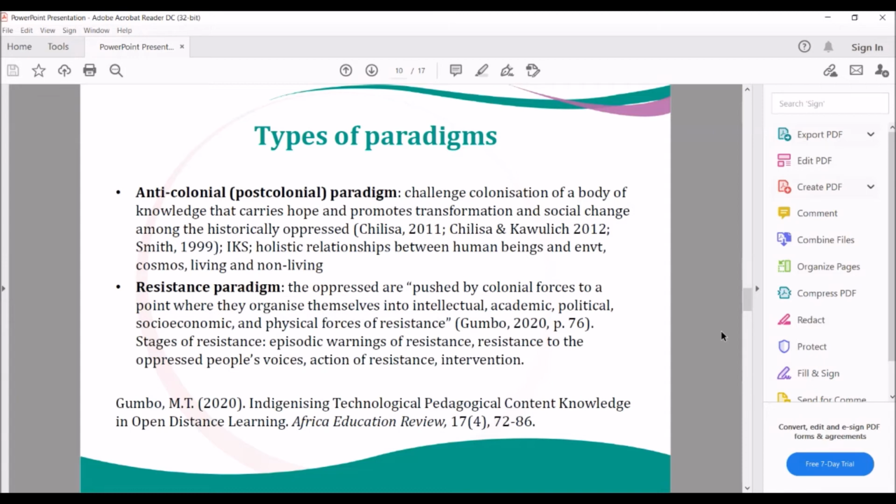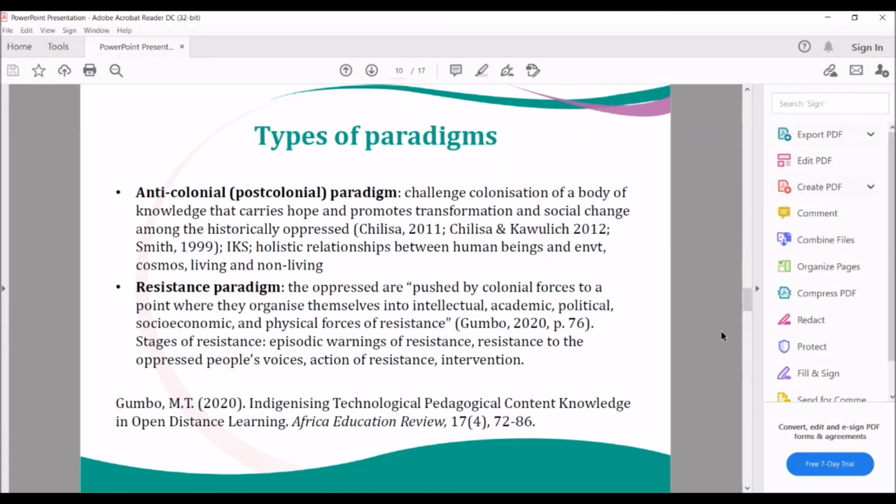Then, as I said, I have recently published an article titled Indigenizing Technological Pedagogical Content Knowledge in Open Distance Learning, a 2020 publication which appears in Africa Education Review, where I explain that in this paradigm, the oppressed are pushed by colonial forces to a point where they organize themselves into intellectual, academic, political, socio-economic, and physical forces of resistance.